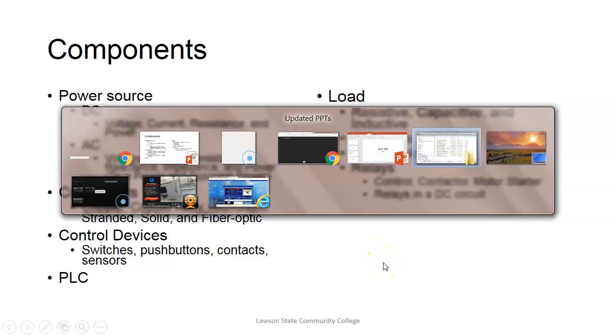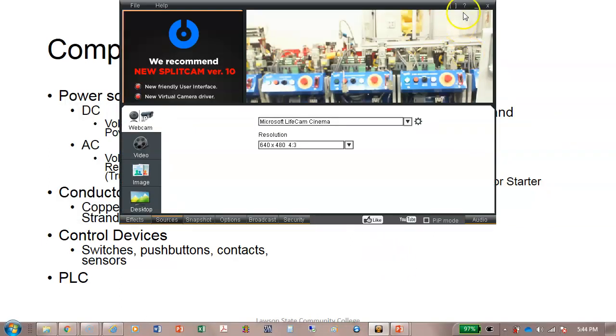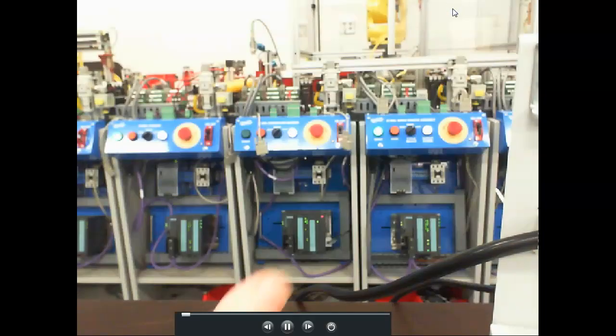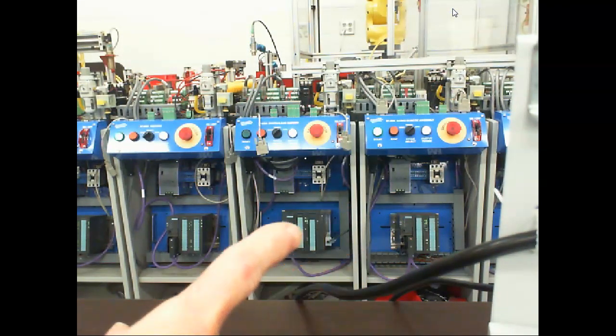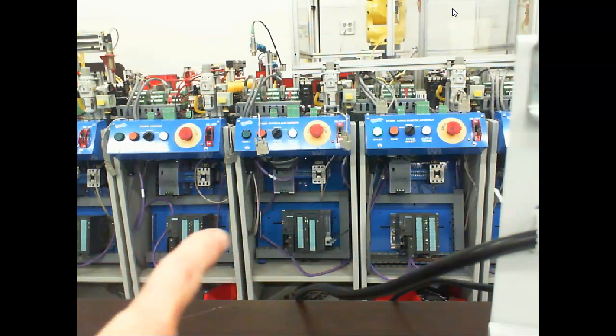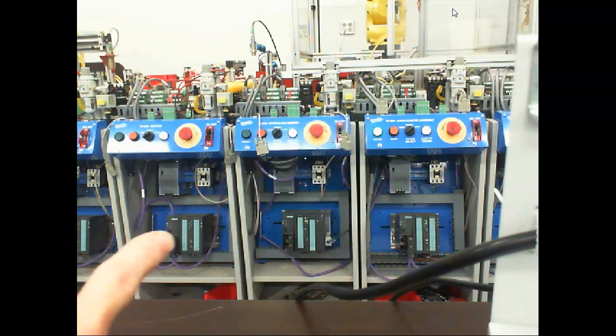I think I showed y'all last class. So these are the programmable controllers right here, and they look identical to each other. So what makes them different, of course, is the programs that they're running.